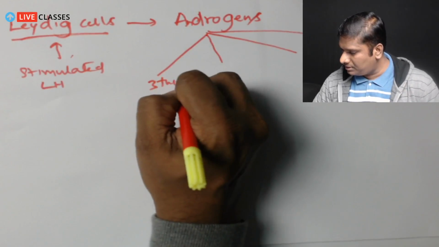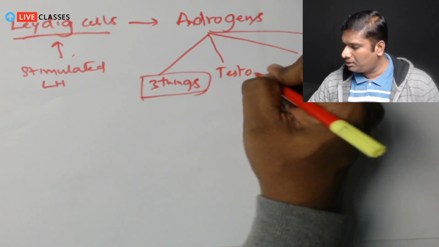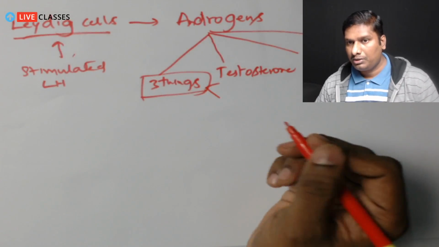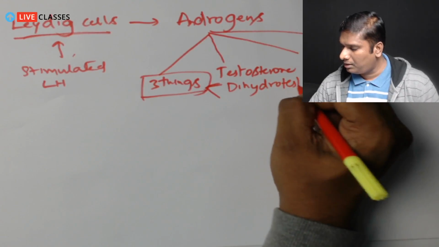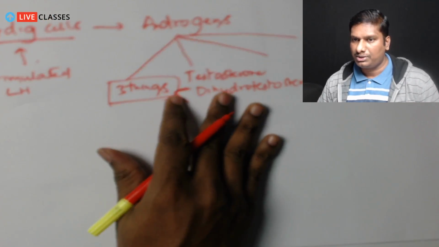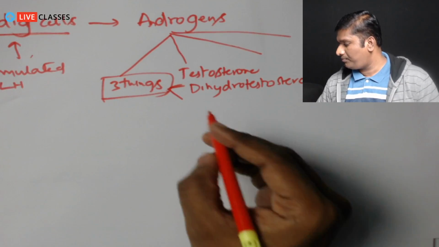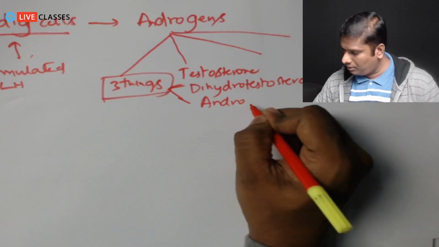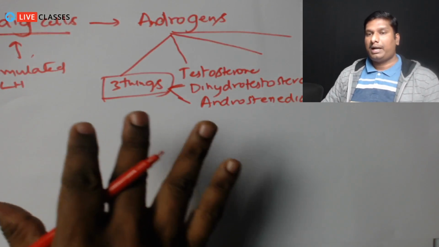The first one is testosterone, then dihydrotestosterone, then androstenedione.